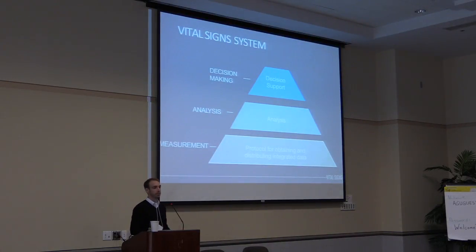So the idea behind the system is to measure the variables, to go out and collect the data. We have teams in 5 countries right now across Africa in the field collecting data to conduct analyses, get results, develop dashboards, and finally support decision makers.